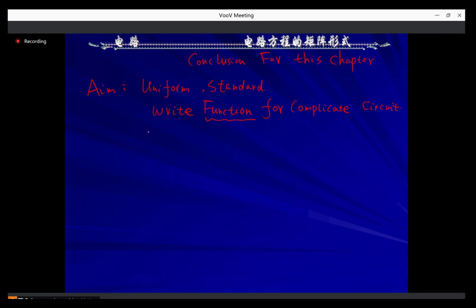And for this function, we will use a computer to calculate. So the emphasis of this chapter is finding a uniform or standard method to write the function.